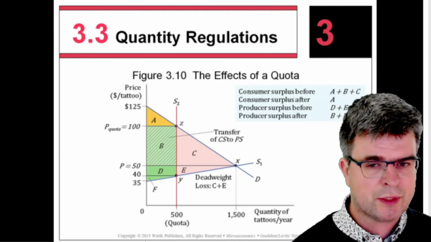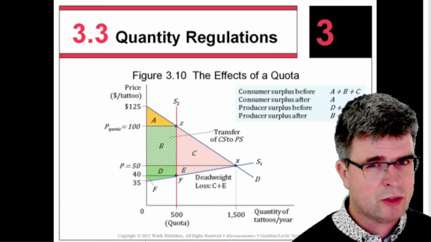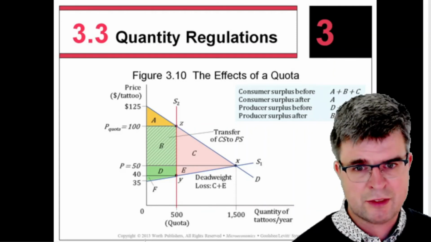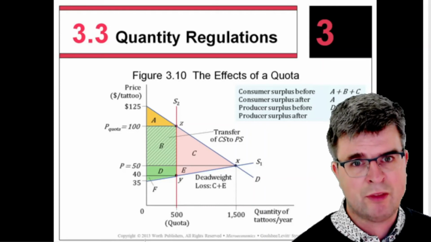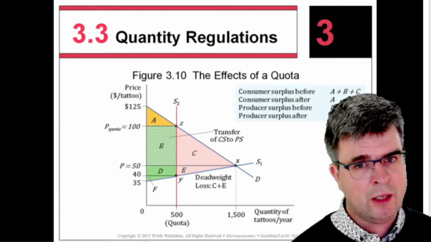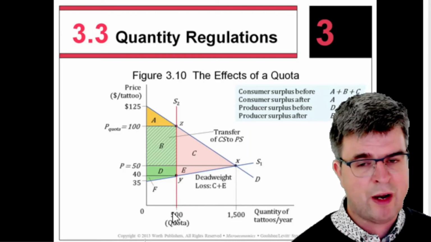Suppose, for example, that the policymaker says, well, it's not good if everyone in society has a tattoo, and in order to prevent too many people from having a tattoo, we limit the number of tattoos that can be bought every year to, say, 500.